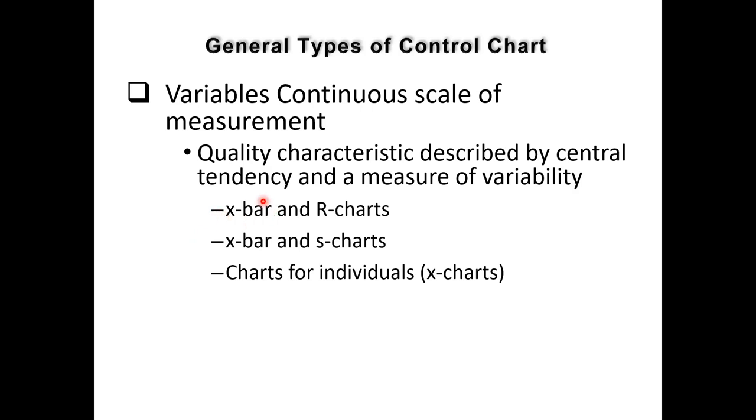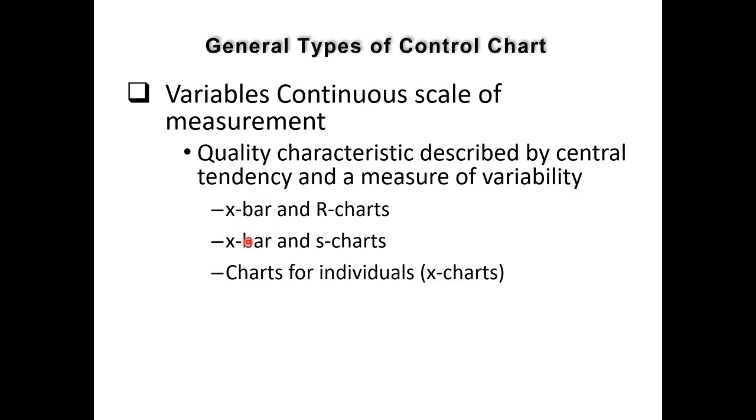When you see the word X bar here, it shows that you are using a sample mean approach, meaning you're going to select a sample of observations at a point of time. Whereas if you're dealing with individuals data, meaning at one point of time you only have one data, that is called X chart.